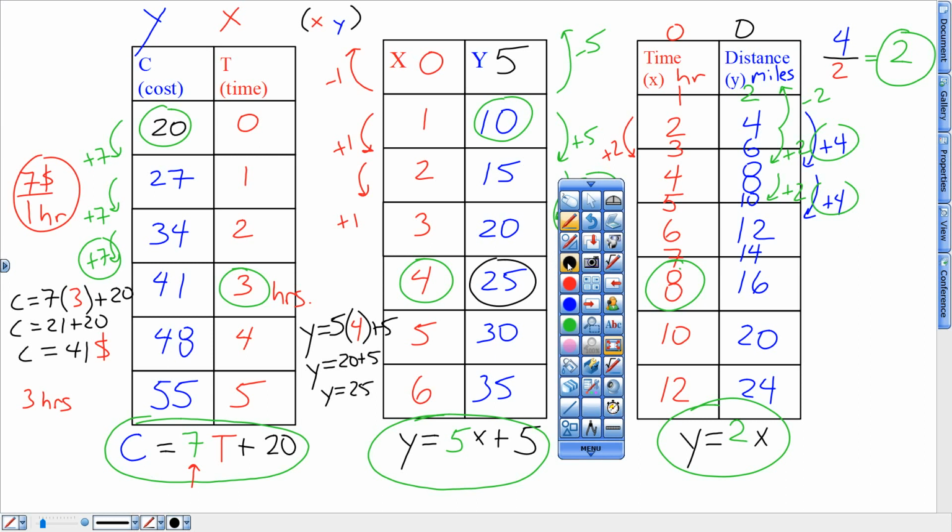So if I plug that 8 into that equation, 2 times that 8 gives me 16. And what that means, even with y and x's, is that after 8 hours, you went 16 miles.